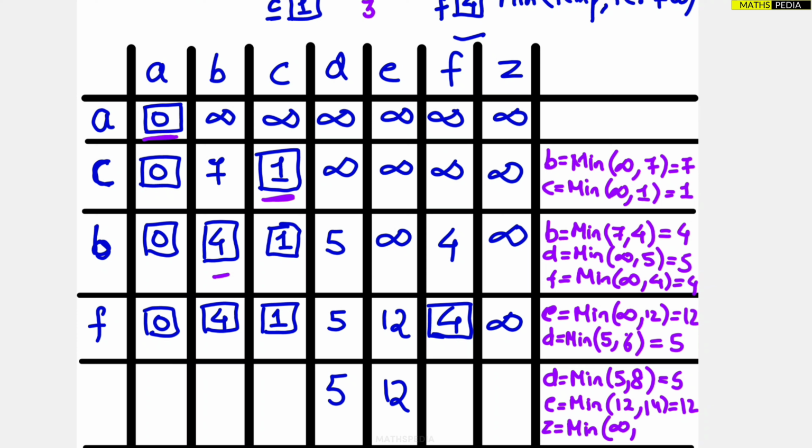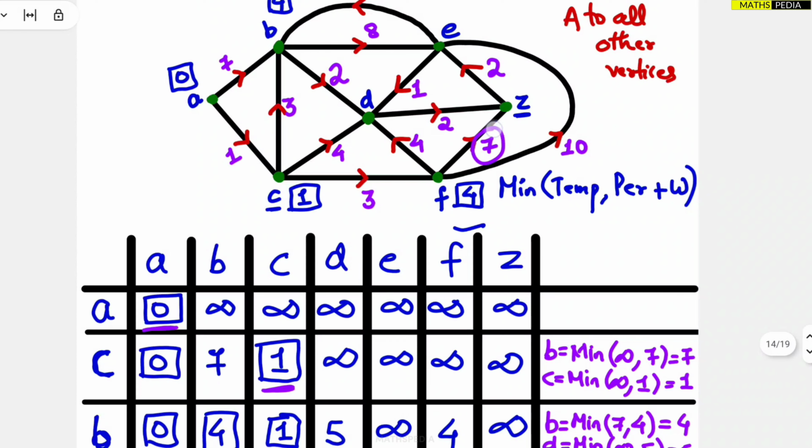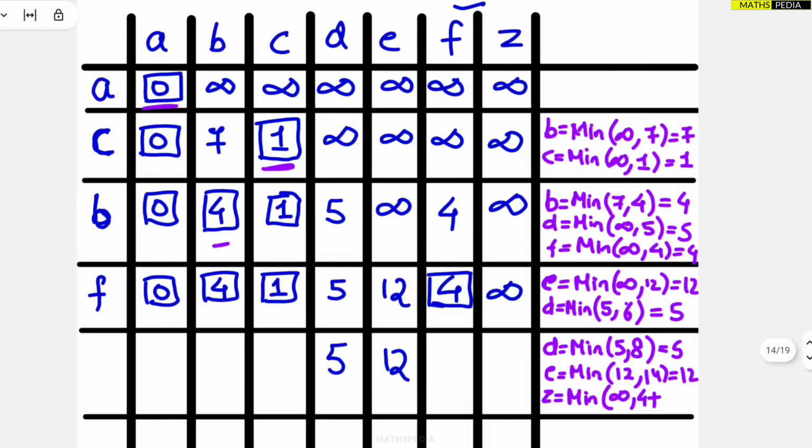Permanent label, I said that this particular step we are calculating with respect to F. What is the value? 4 plus, what is the weight between F and Z? You can observe it is 7. So 4 plus 7 is how much? 11. So the minimum value between infinite and 11 is 11 itself. So we have got the new value for Z, which is 11. The rest all values we have to just copy paste.